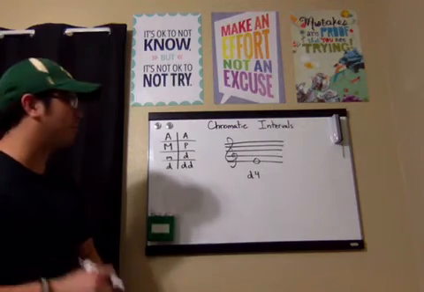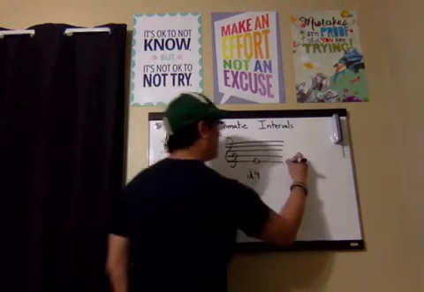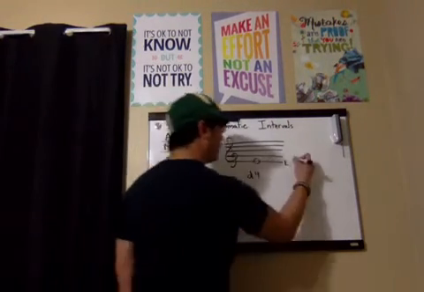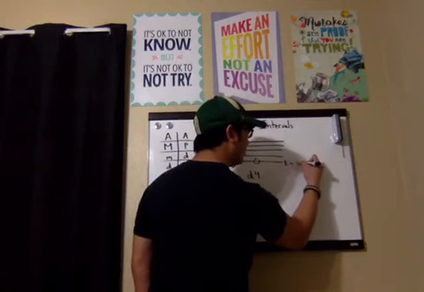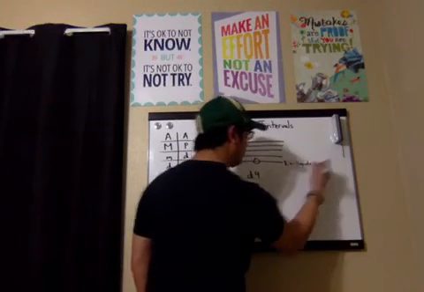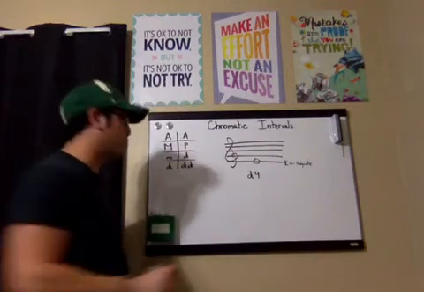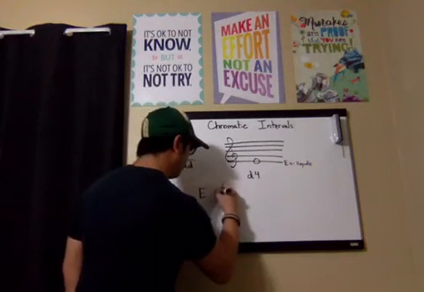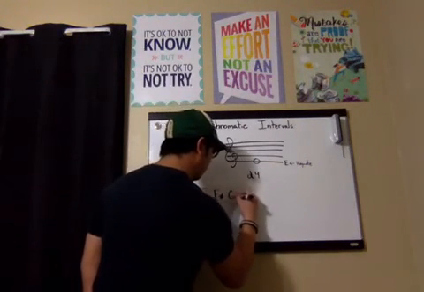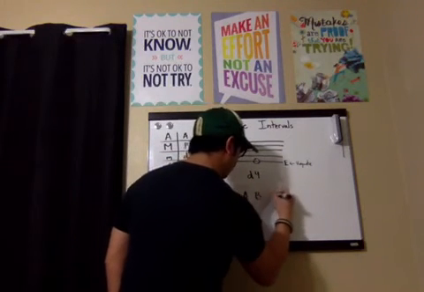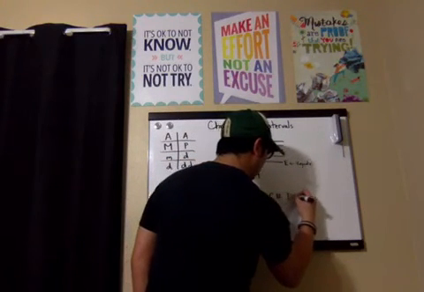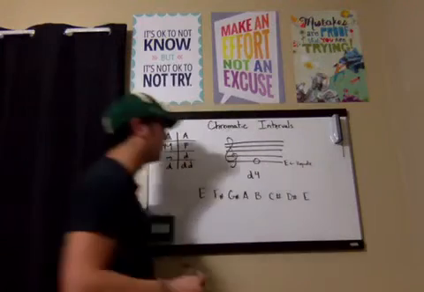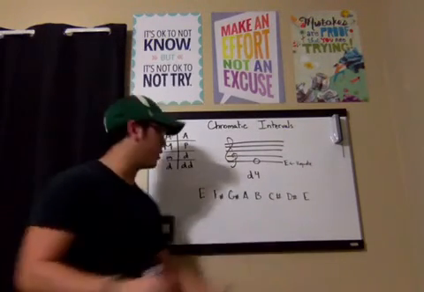Process is still the same. Step 1, label the note, find the keynote, build the keynote's major scale, label the diatonic intervals underneath.